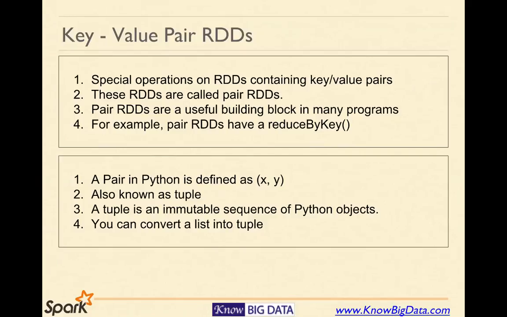Now, when you deal with most kinds of data, you generally want to have something like a primary key. In a table, you have a primary key or an ID column, and based on that ID column, you do various operations. Keeping a similar philosophy, Spark provides certain operations where it is assumed that your data contains tuples, as in rows.